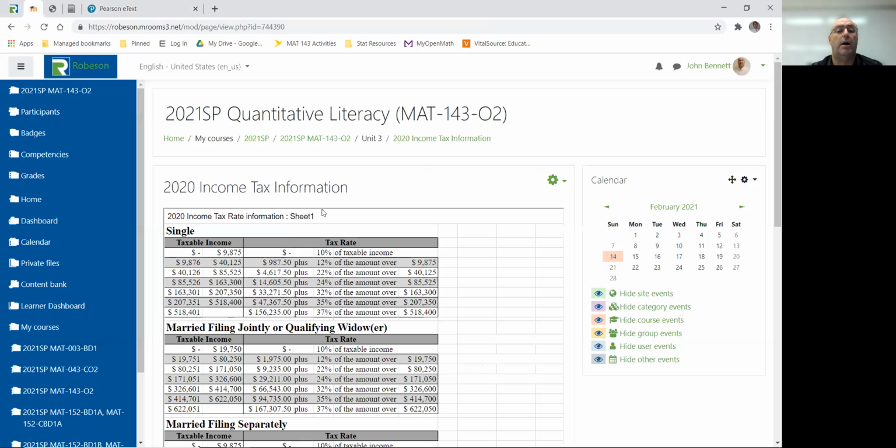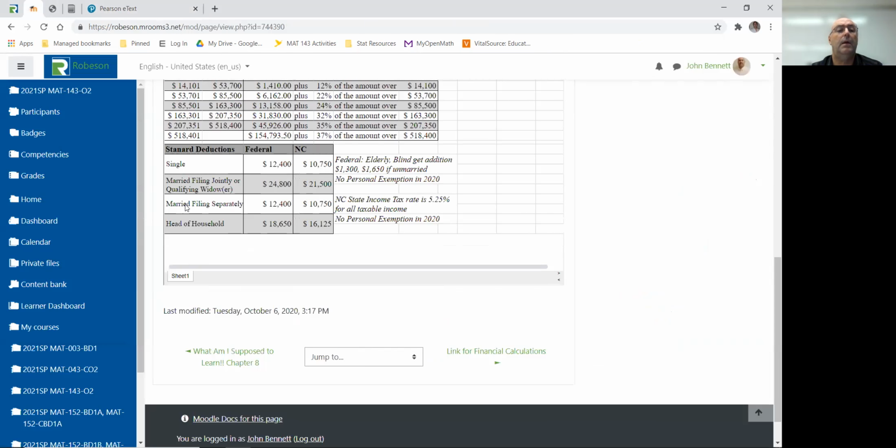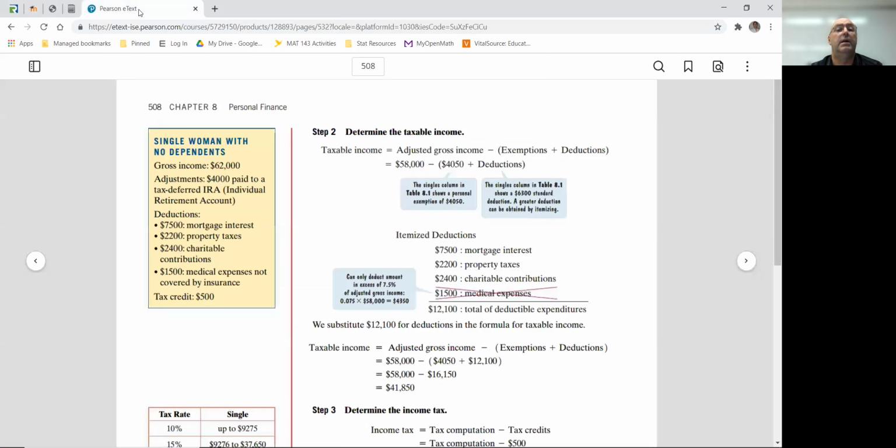But if you look at the chart, a single person can take a standard deduction of $12,400. So it's better for her to take the standard deduction than her itemized deductions as they did in the textbook. So here's the first change. Let's start the calculation there.